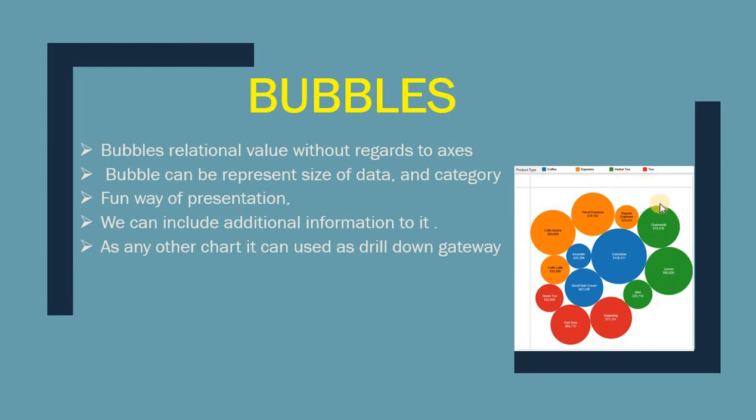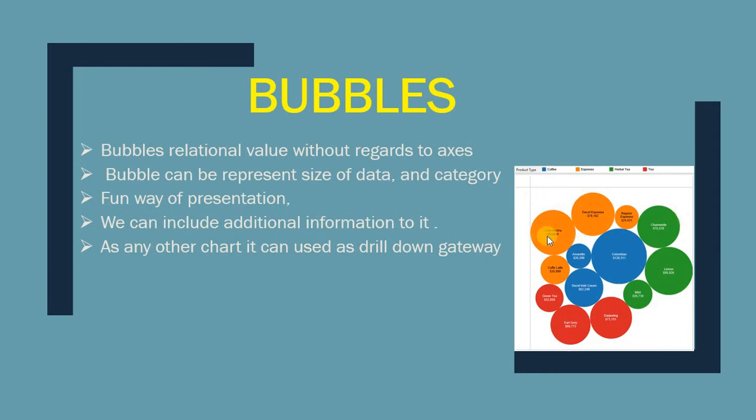So as you can see, 4 categories are used: the green, the blue, the red, and the orange. So we can use it for representing category data. It's a fun way of representing it, and also we can add, as said, additional information as well. This can be used as a gateway to drill down into other information.